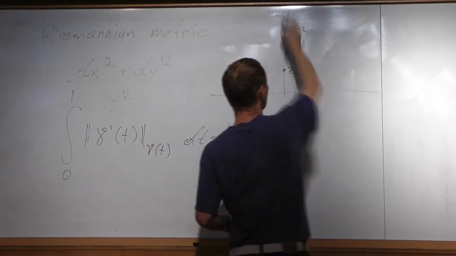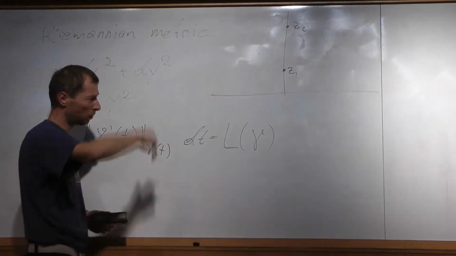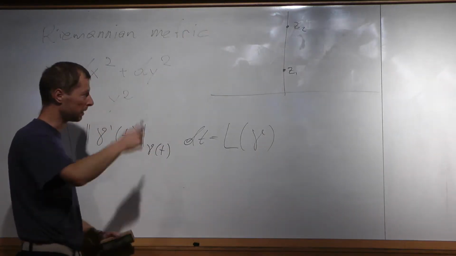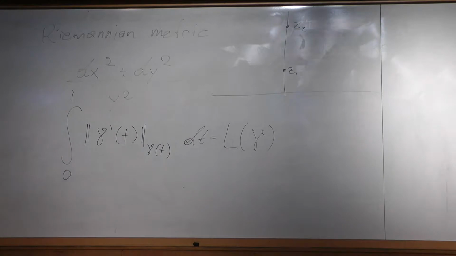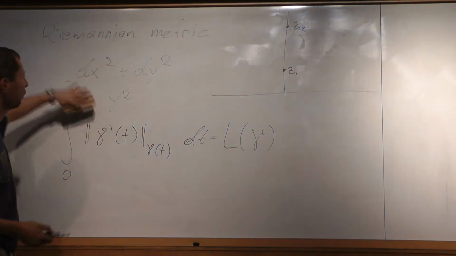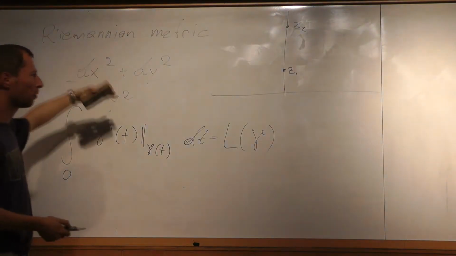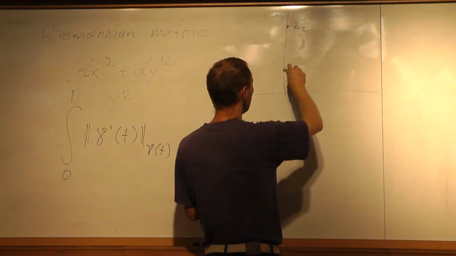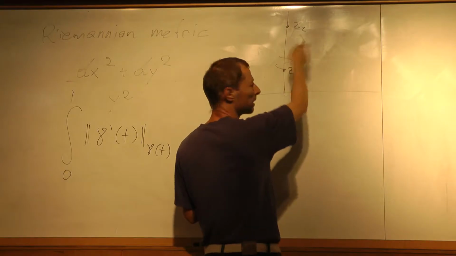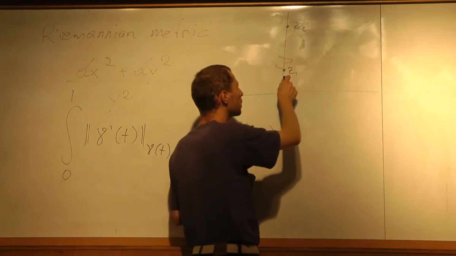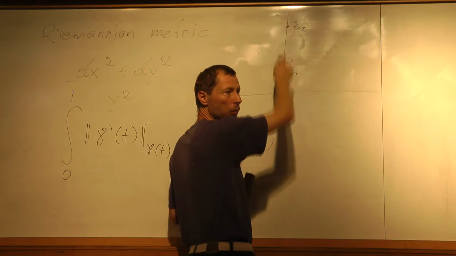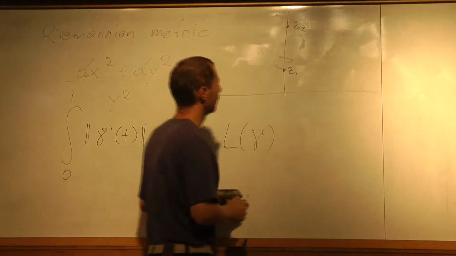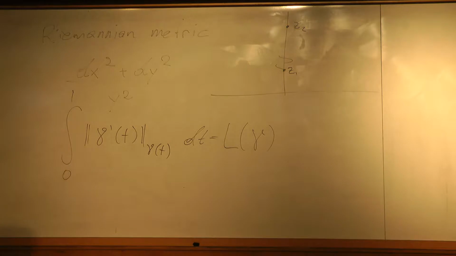This is the point z2, and I choose them on the y-axis, so that the x-coordinate is 0, and then it would be completely stupid, given this formula for the length of a tangent vector, to walk sideways, right? The best thing is to walk straight up. And that would be the geodesic. Okay. In a little while we will see why this is the correct picture for 2 other points.